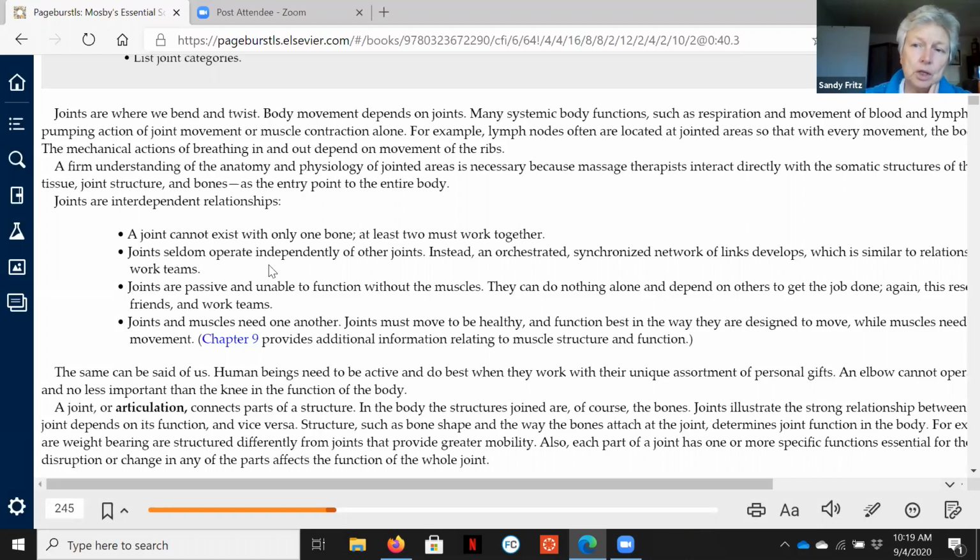Joints seldom work alone. They work in units. And as we get through this, you're going to hear terms like open chain and closed chain. And they can't function alone. This is where the muscle joint unit becomes intricately involved.